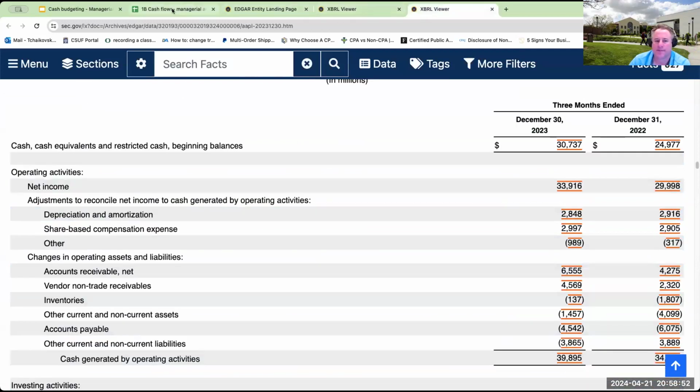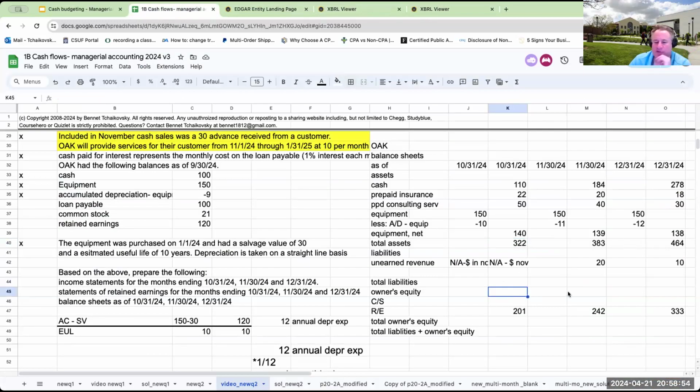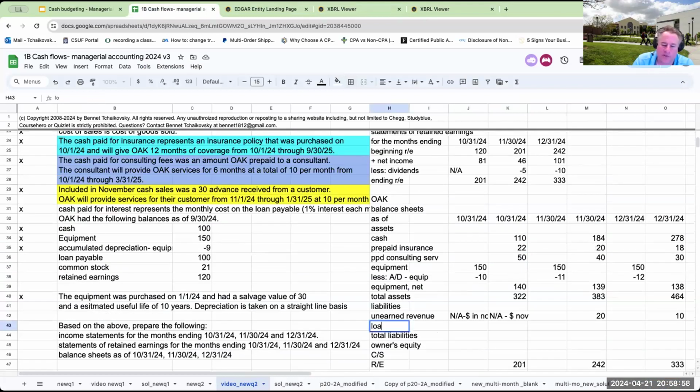So coming over here, let's take a look at our liabilities. We had our unearned revenue, but I also have a loan payable, right? The loan payable did not change because we're going through and paying the interest on that every single month. Now, my total liabilities, I had unearned revenue.